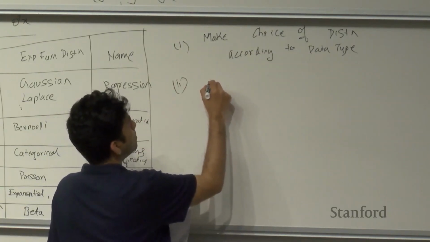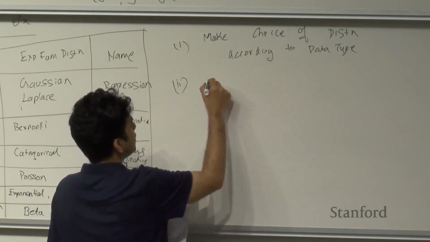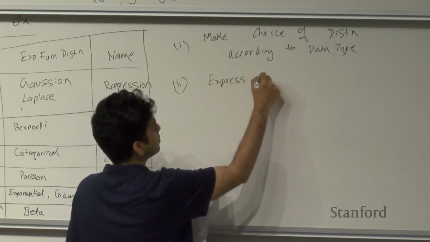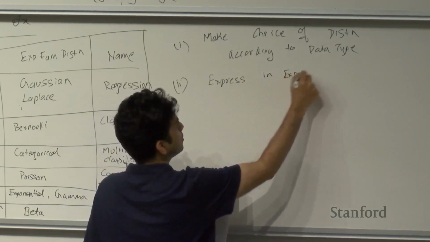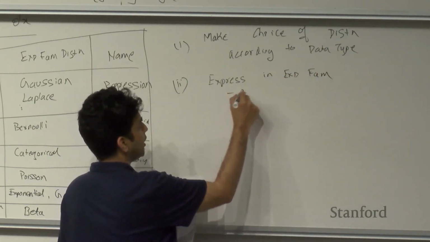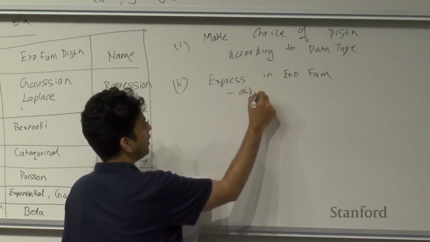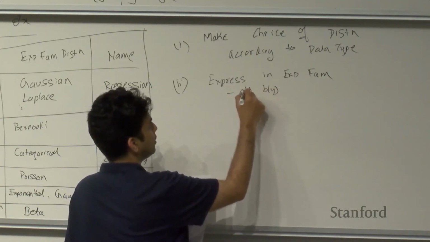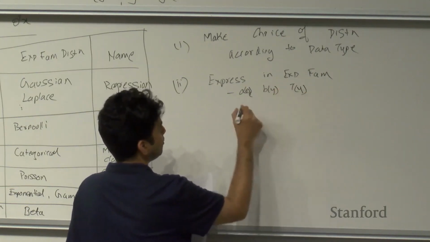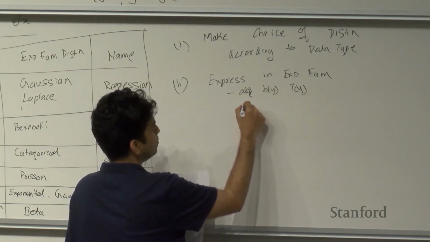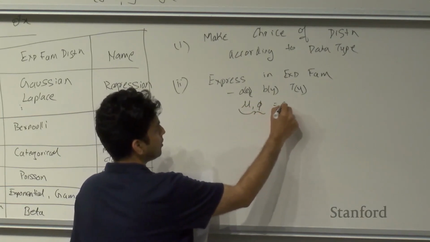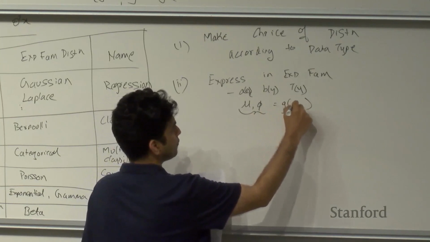Now, for that distribution, express it in exponential family. Exponential family, which means find out what is A, what is A of eta, B of y, T of y, and most importantly, your mu or phi, the mean parameter, express it as a function of eta.